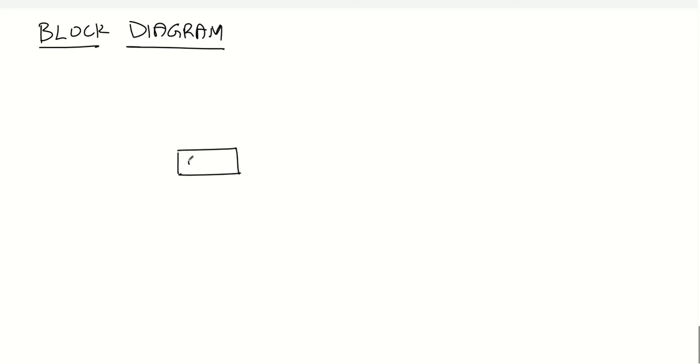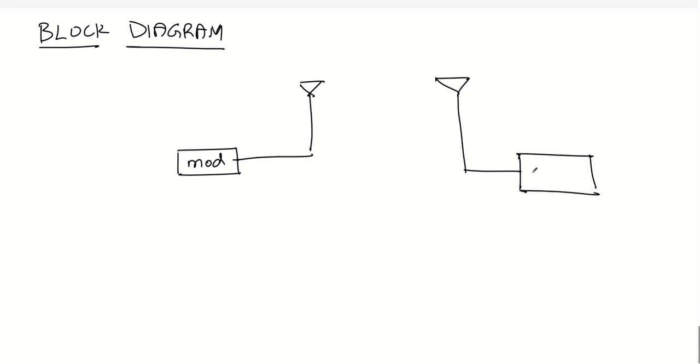At the transmitter side, we have a modulator, and at the receiver side, we have a demodulator, which, as the name suggests, does the opposite of what the modulator does. Now, the modulator is given two inputs. One is the message signal, and the other input is the carrier signal.